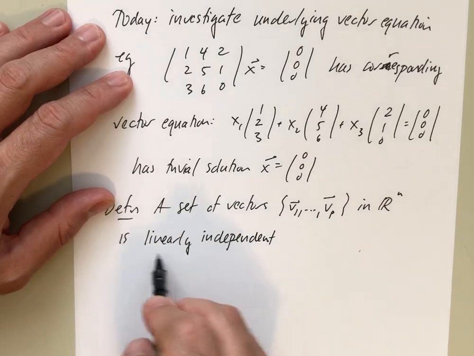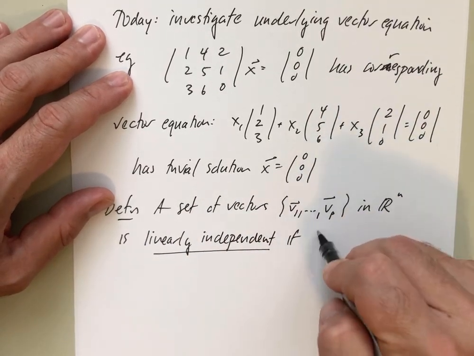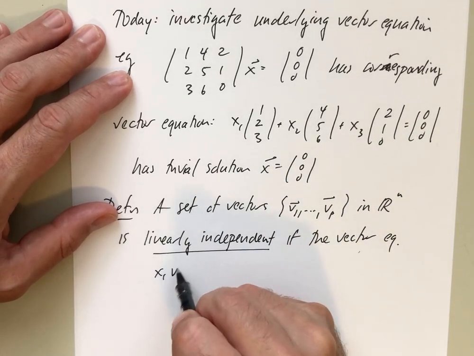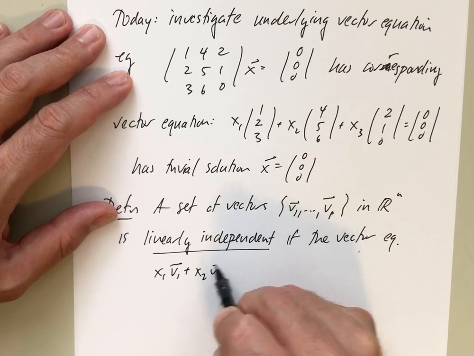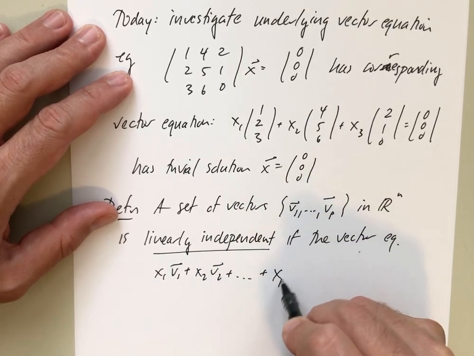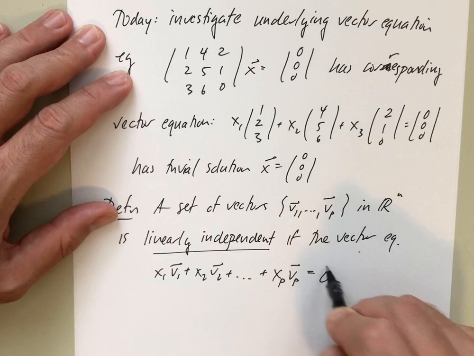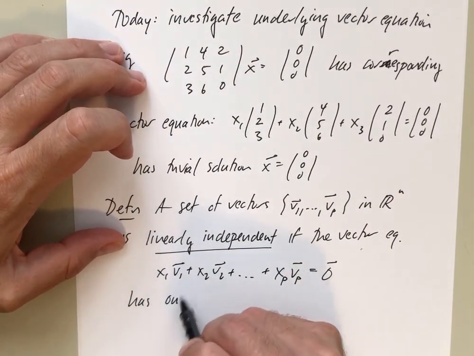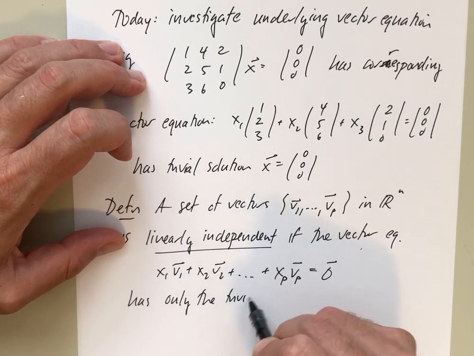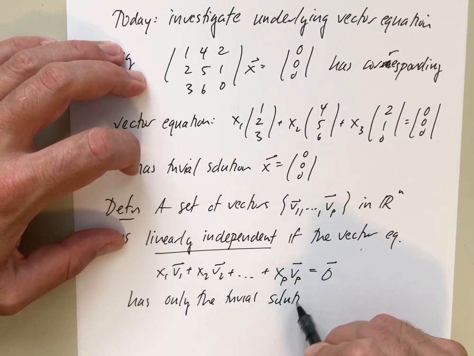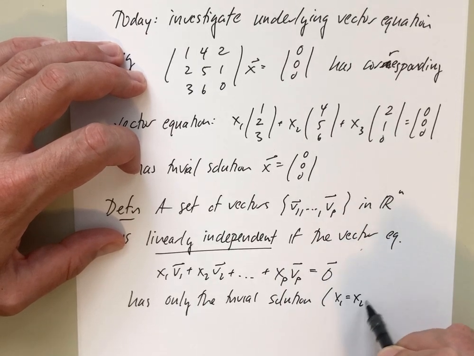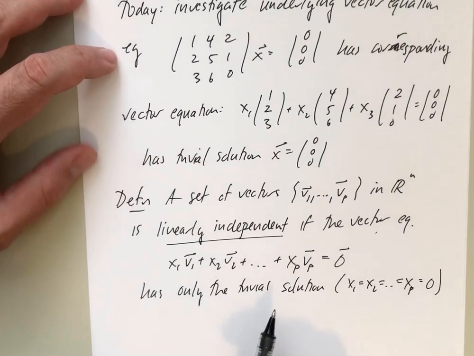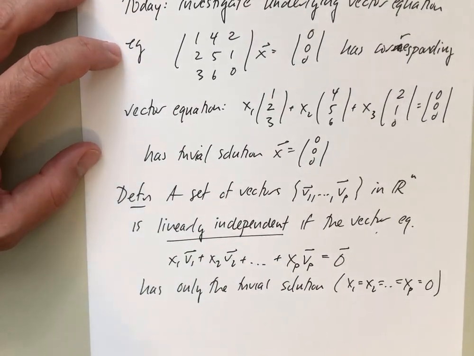They are linearly independent if the underlying vector equation x1 v1 plus x2 v2 plus, let's say xp vp is my last vector, set equal to 0, has only the trivial solution. And of course, what that means is x1 equals x2, they're all equal to 0. We know that's always a solution to this vector equation. If it's the only one, we call it linearly independent.